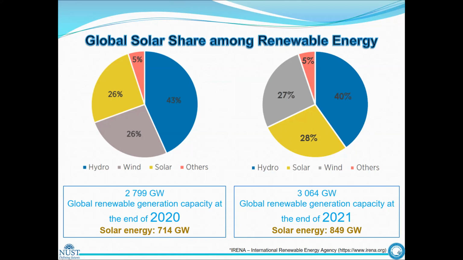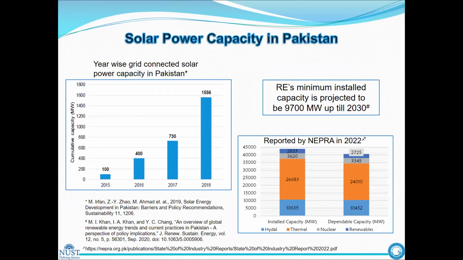849 gigawatt. Similarly, if we look at this capacity in Pakistan, we can see a continuous rise in the cumulative installed capacity. Particularly, the given data is of grid connected systems, not the distributed ones. And there will be even more capacity if we include that part as well.